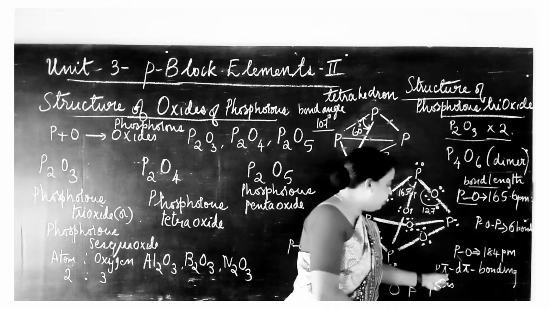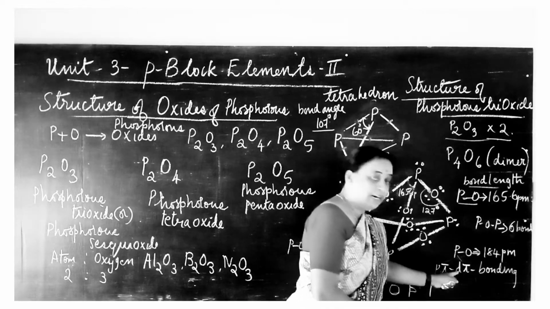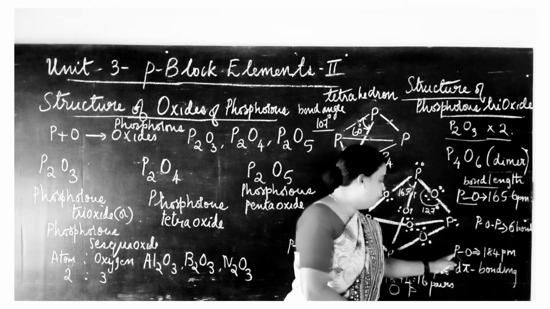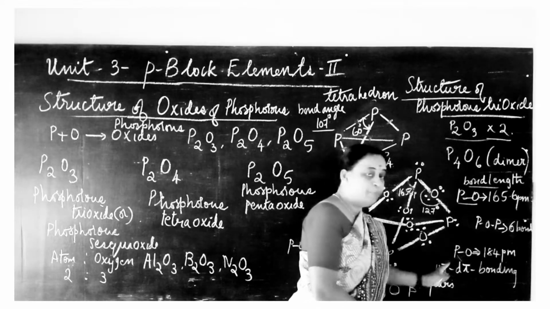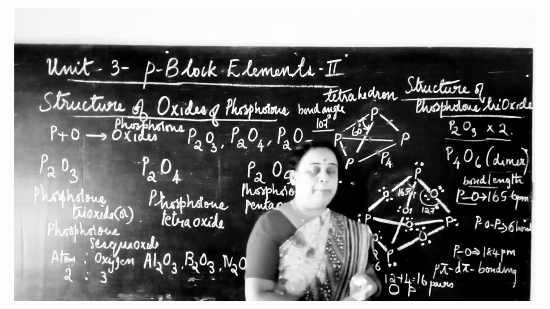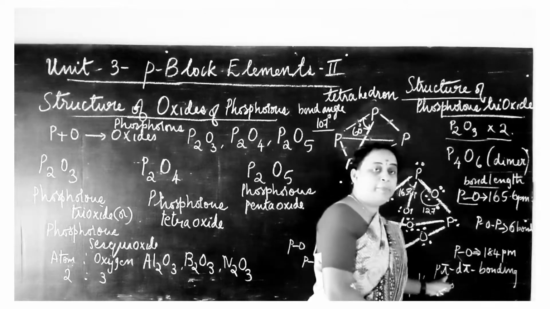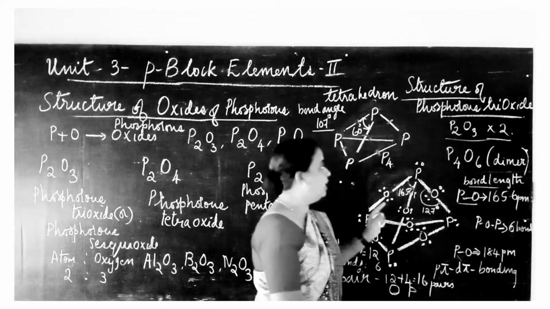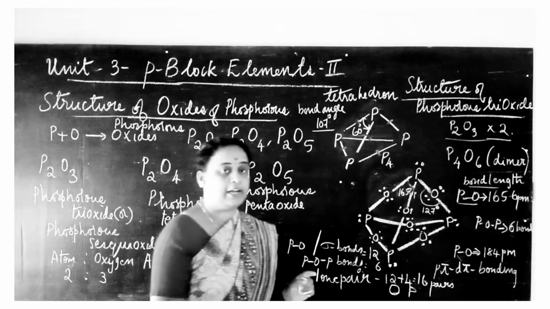In this pi d pi bonding, the empty or vacant d orbital of phosphorus and the p orbital of oxygen undergo overlapping, and as a result this pi d pi bonding exists in phosphorus trioxide.